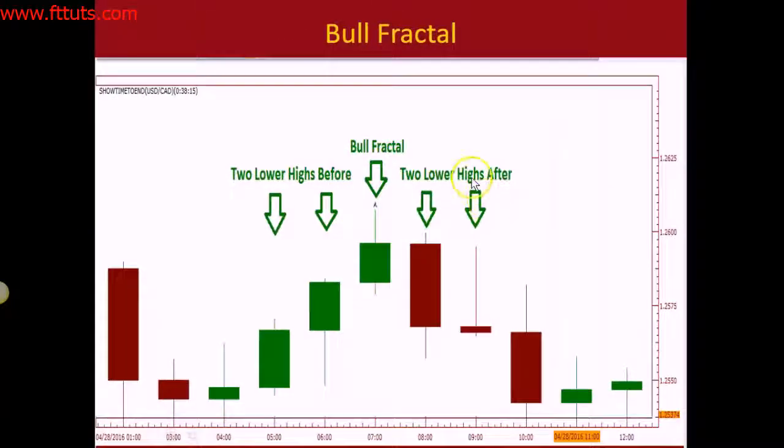All right, so let's look at what a fractal is. Let's look at a bull fractal here. Here's the middle bar. You've got two before it and two after it. The two before it have lower highs. Then the bull fractal has the highest high, and then the two after it have lower highs. This high is lower than this fractal high. This high and this high are lower than this fractal high here.